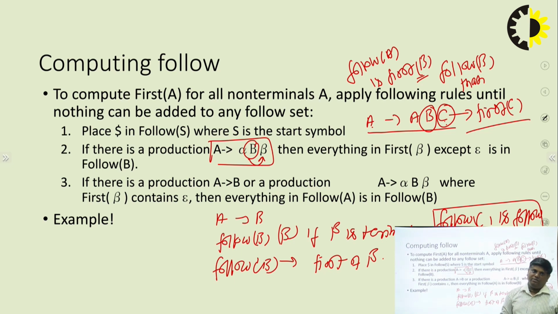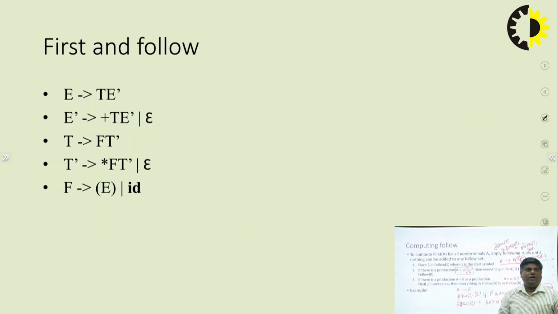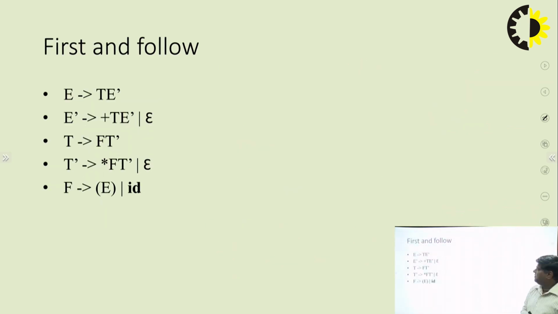And as I explained previously, with the help of two rules we can compute the First of any production rule. For better understanding, we take a very simple example for computing First and Follow.